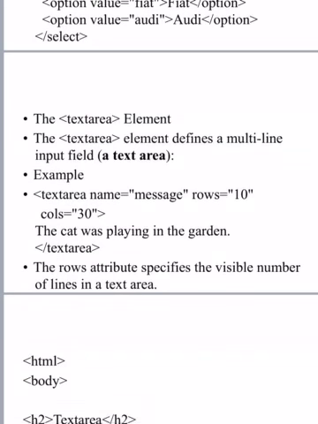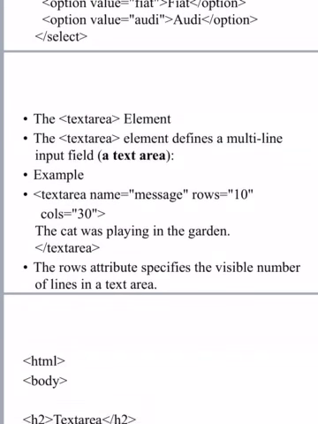Next, let's see another form element which is mostly used for putting in a large amount of data, where we can write more content, like entering an address. That element is textarea. The textarea element defines a multi-line input field. In the textarea tag we use name is equal to message.